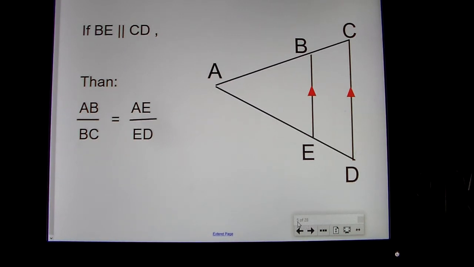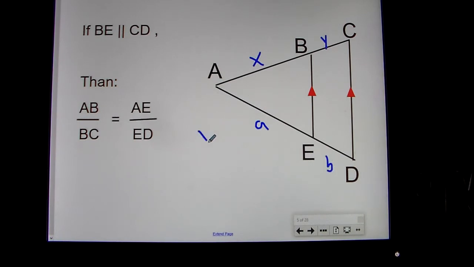Now, if BE and CD are parallel, then the AB length divided by the BC length is equal to the AE length divided by the ED length.